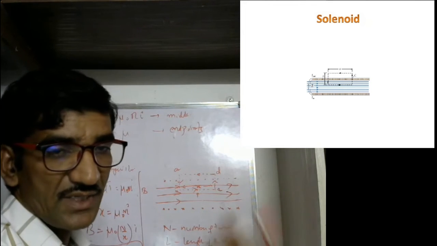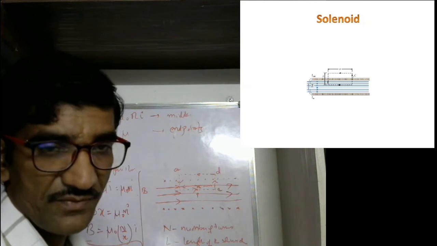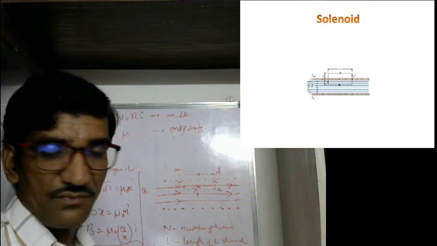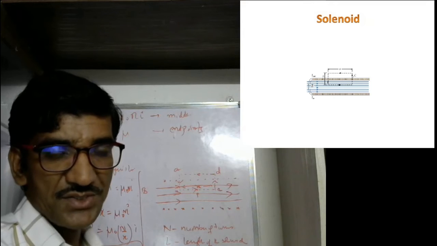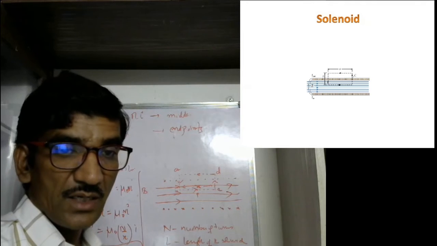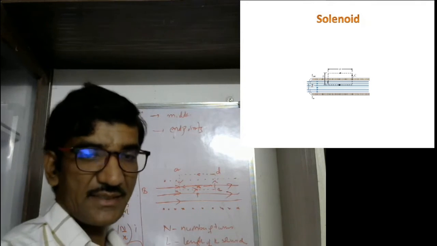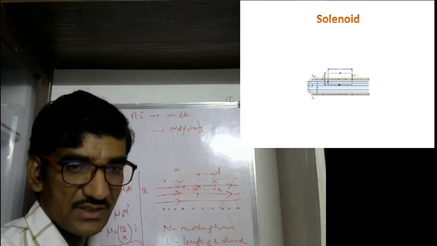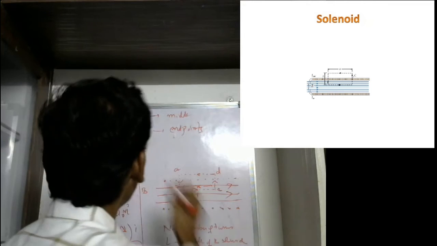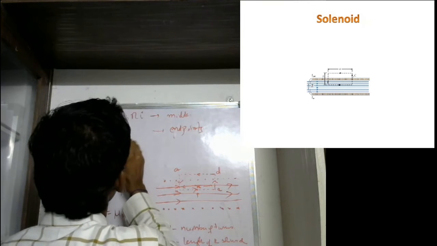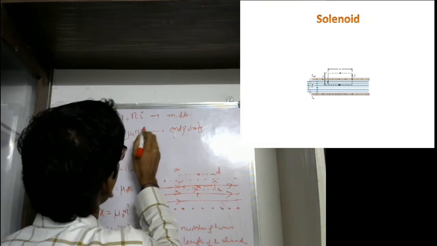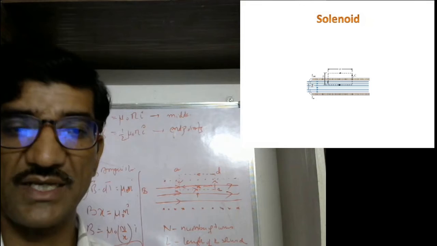There, gradually the induction value falls. Why? Because on only one side you have the current and turns; on the other side you don't have the turns at the edges. That's why it reduces to half of mu naught Ni. This is the formula applicable at the end point.